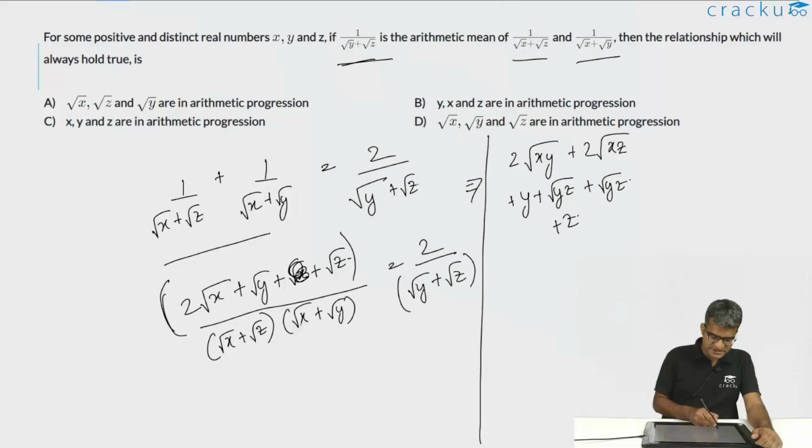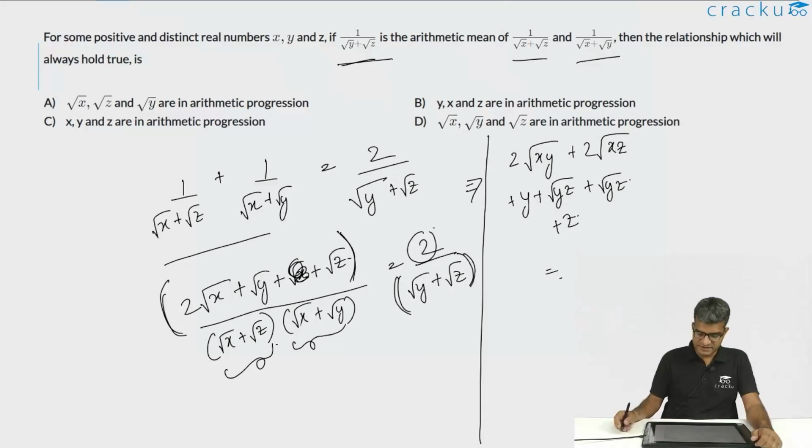What is this? This is just 2 times square root of x plus square root of y plus square root of z into square root of y plus square root of z. This has to equal 2 times square root of x plus z into square root of x plus square root of y. That is equal to 2 times x plus square root of xz plus square root of xy plus square root of yz.